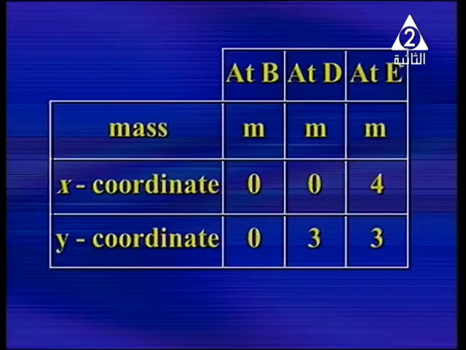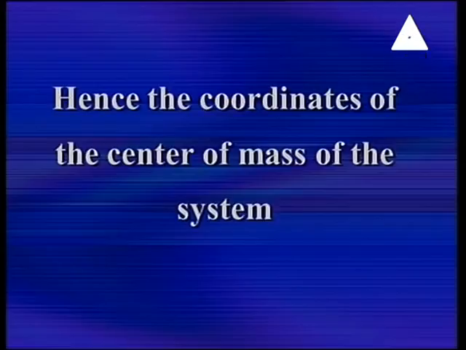We form the table to find the center of gravity. The first row is mass. The second row is x coordinate. The third row is y coordinate. After that, we find the coordinate of the center of mass of the system.